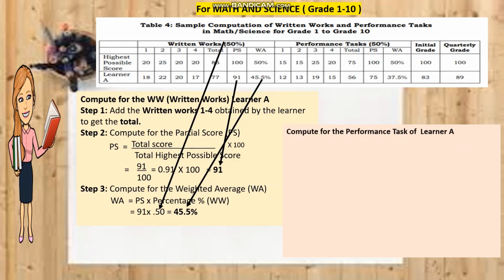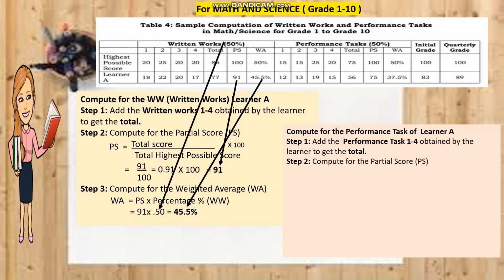Compute for the performance task of learner A. Step 1. Add the performance task 1 to 4 obtained by the learner to get the total. Step 2. Compute for the partial score.